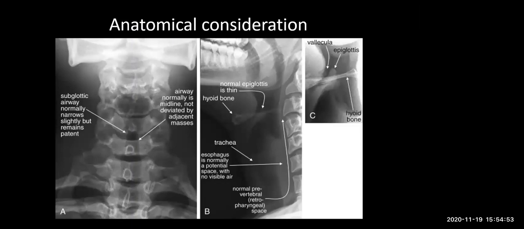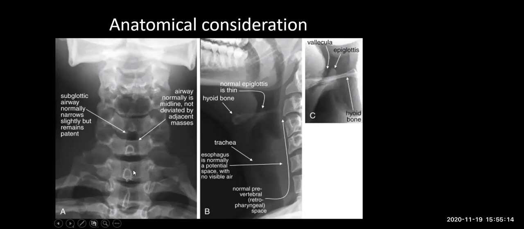This is the anatomical consideration before starting with the common pathologies. I would like to share the normal anatomical findings in the AP and lateral radiographs of the neck and soft tissue. Here is the frontal and this is the lateral radiograph of the neck. On the frontal radiograph, what's important to review is the patency of the airway.